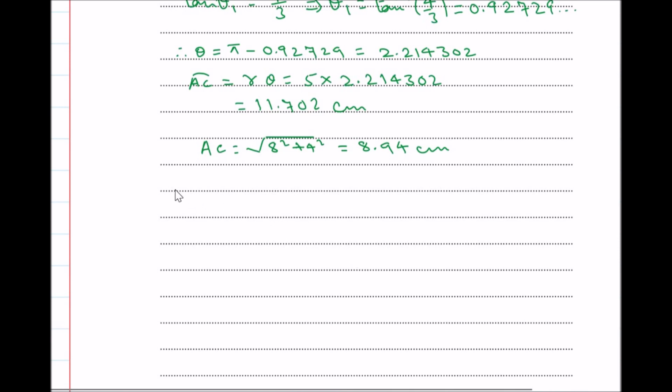Now we need to find the perimeter. So perimeter equal to arc length AC, perimeter of the shaded part. Okay. So arc AC plus AC. So arc AC is 11.072 plus 8.94 is the AC.